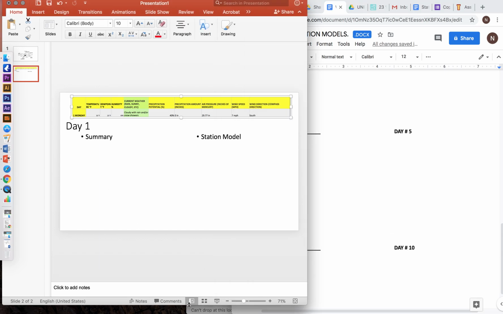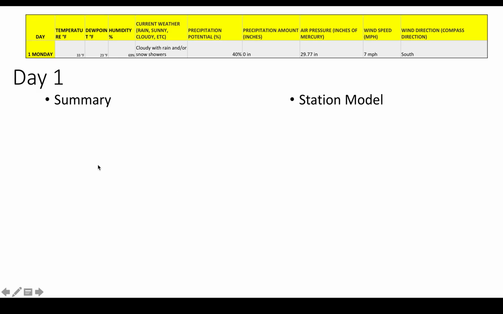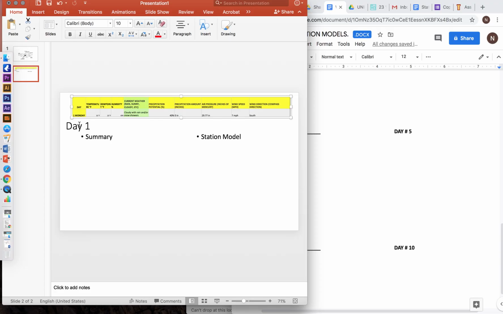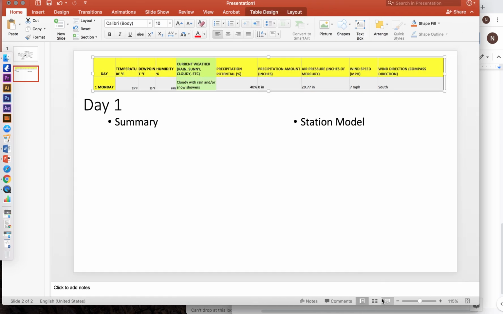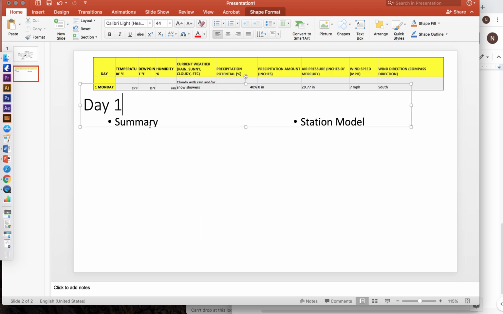So let's take a look here at what one would look like. Here we go. Pull this up here, and here's our information. So day 1, here's my summary for day 1. I'm just going to go right through this chart and type out a summary and phrase it in sentence structure, create a paragraph.